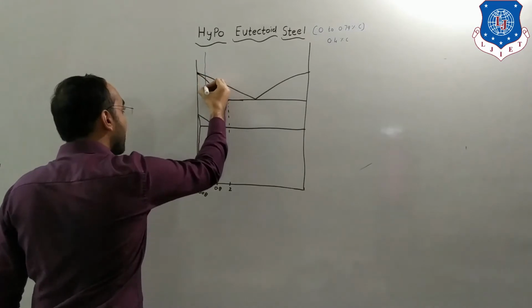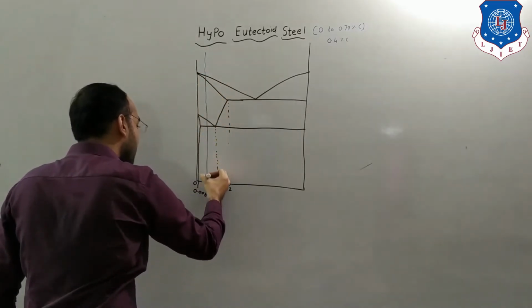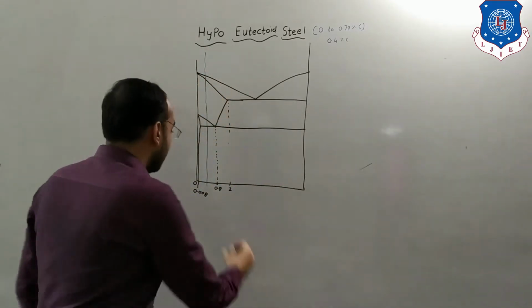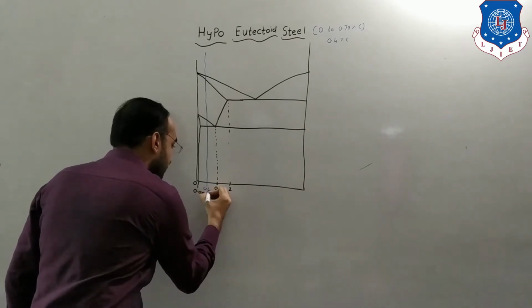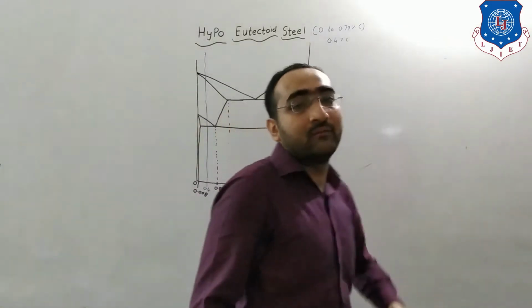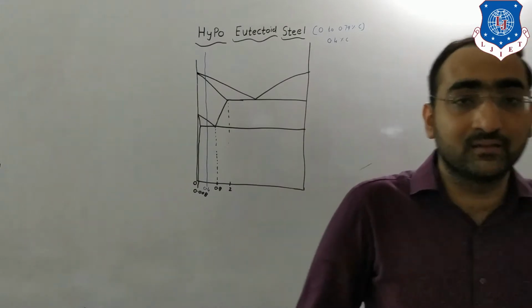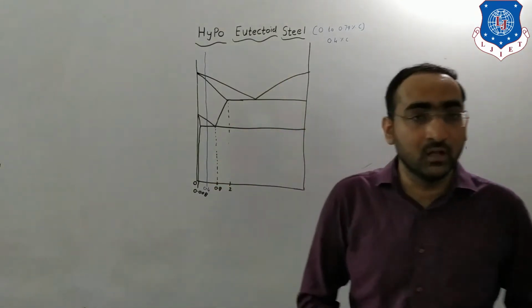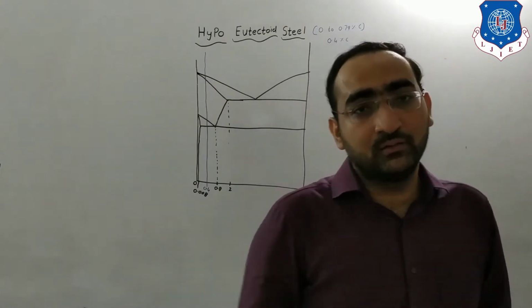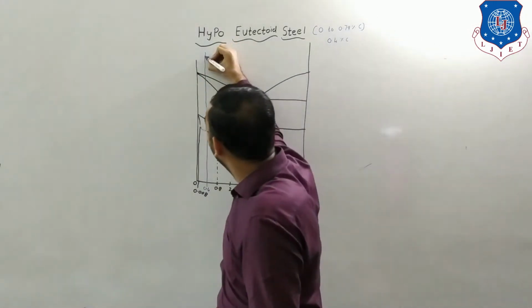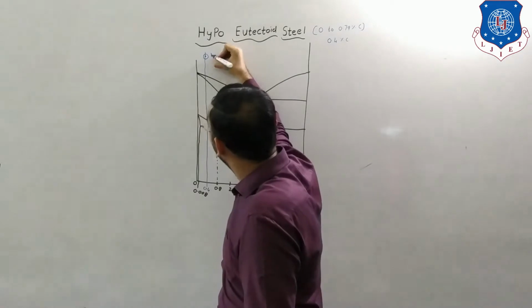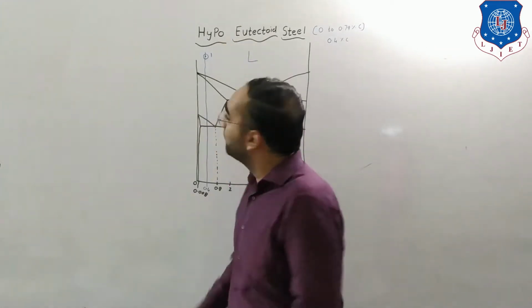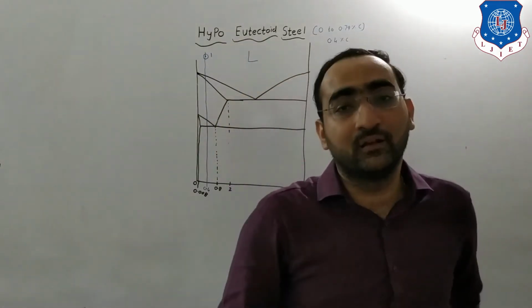Suppose this is the line which is going from 0.4% carbon. Now on this line we will be seeing the different phases which are going to occur for a particular hypoeutectoid steel. So the first phase, the top portion, falls under the liquid region.